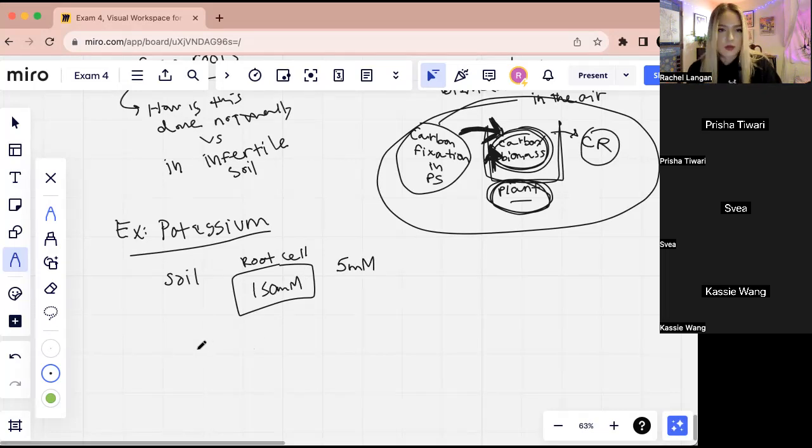Oops, actually that's wrong. Sorry, that was an animal cell. 101 is more physiological for plants.